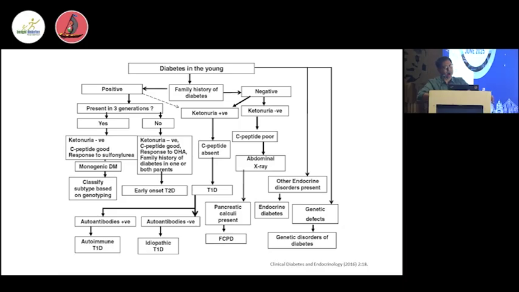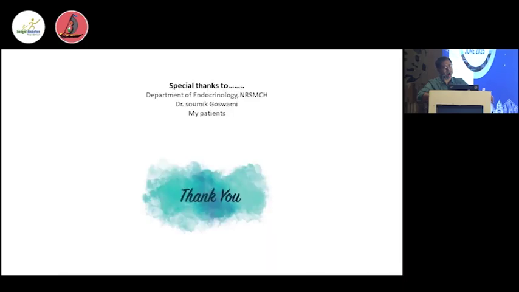So this is, in a nutshell, how to proceed for diabetes in the young. We have to at least stress the family history, whether 3 generations are present or not, whether ketonuria is present or not, then we can go for simple imaging techniques and C-peptide level for proper assessment in diabetes.